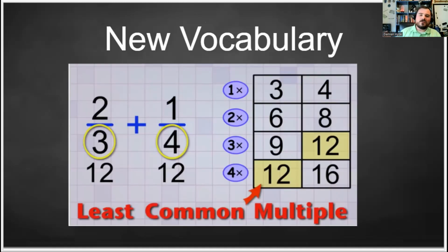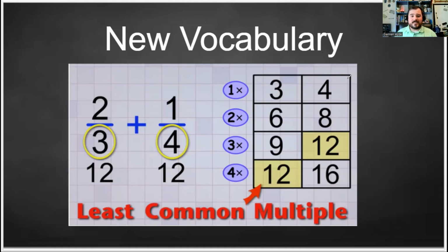We are going to try to find the least common multiple. What that means is that when we make two different lists of our multiples, in this case of 3s and 4s, we find the one closest to the top that is the same in both lists.